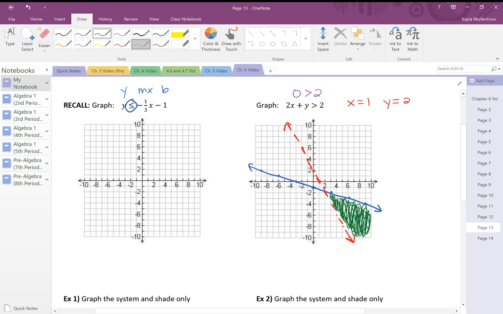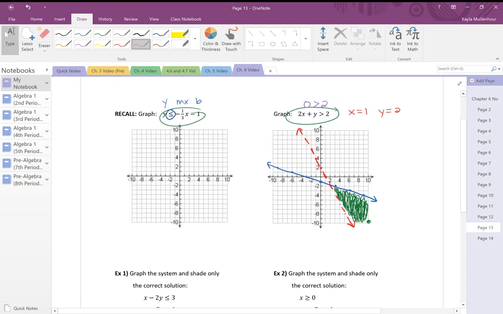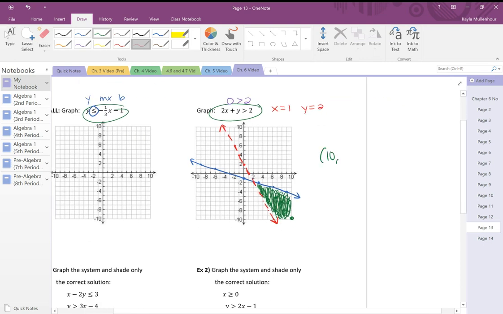Any point in that area, we could pick the point 10, -10, we could plug into both inequalities and it would work. If I plug the point 10, -10 into the first inequality, -10 is less than or equal to -1/3 times 10 minus 1. -1/3 of 10 minus 1 is -4.3 repeating.